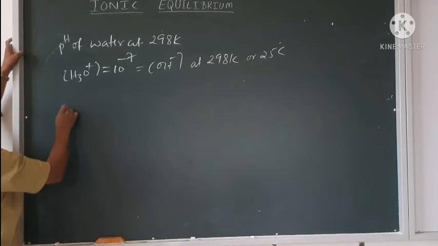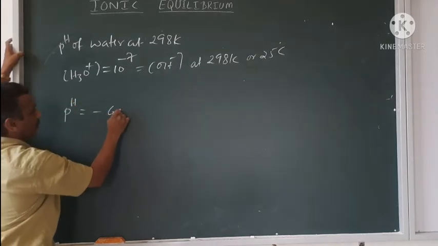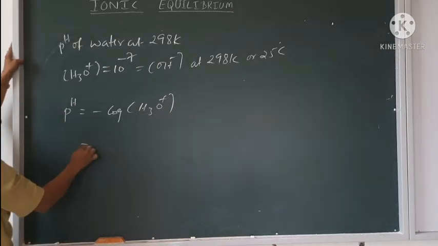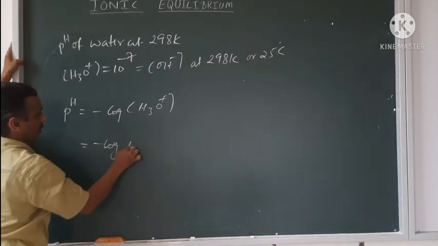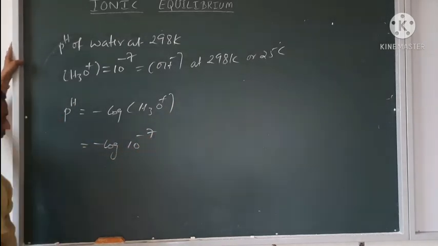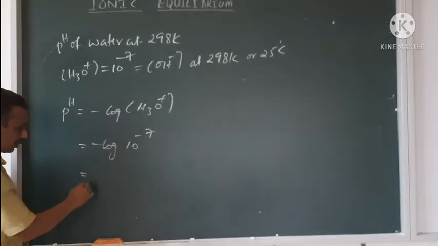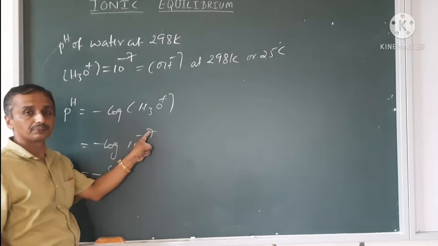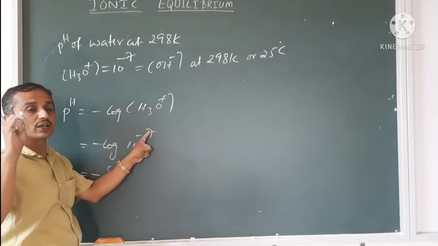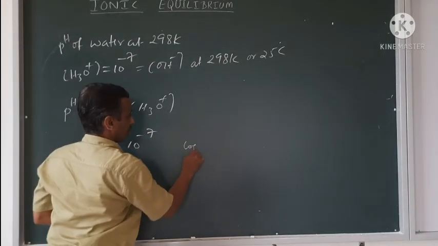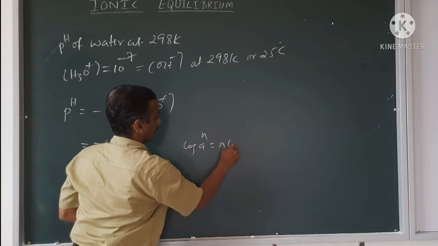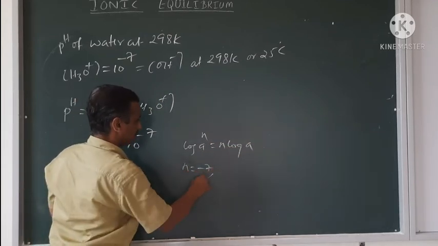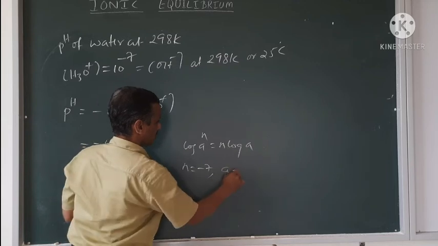So, pH is equal to negative logarithm of H3O plus concentration, which is equal to negative logarithm of 10 to the power minus 7. I keep the minus outside. Log a to the power n is n log a. Here n is minus 7 and a is 10.